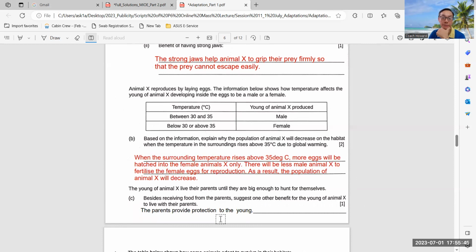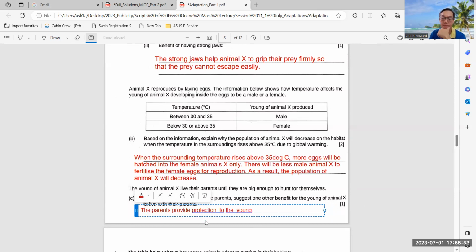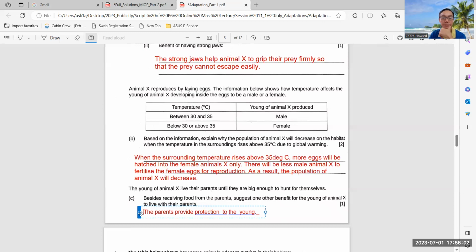The parents provide protection to the young. So just one benefit, okay? The parents provide protection to the young. So these are the answers for this. I will send them to you now.